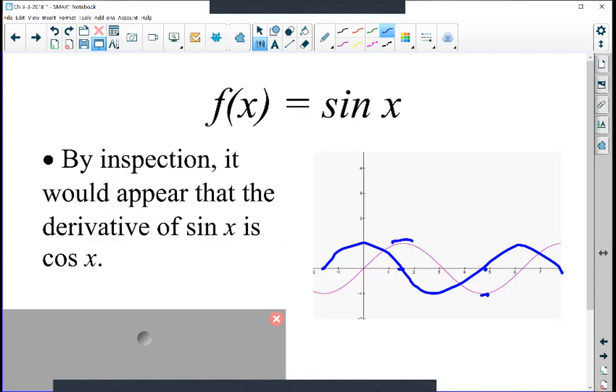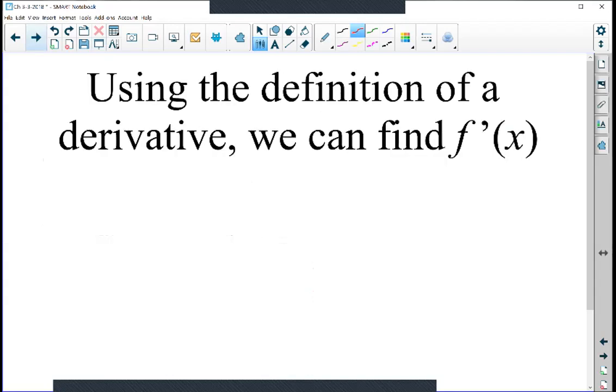And because we're mathematicians, we're going to look at that and say, we don't care what it looks like. We want to know what it actually is. So we're guessing cosine. We want some proof.